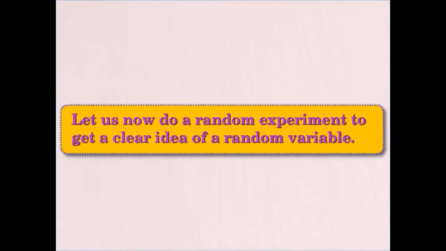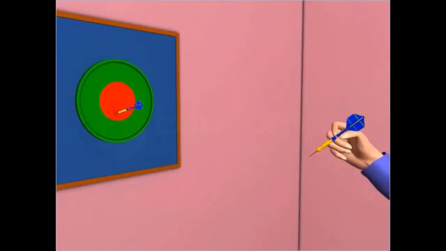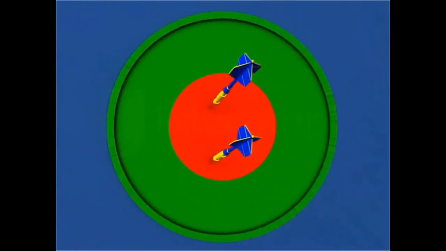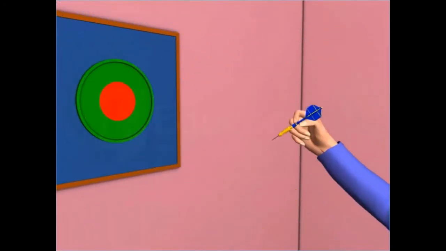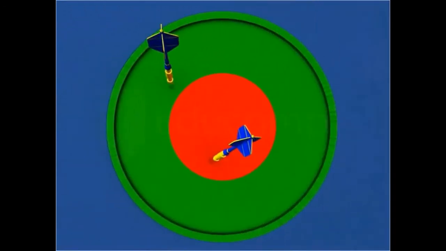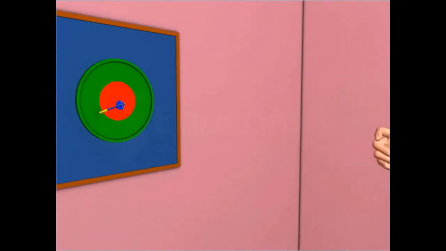Let us now do a random experiment to get a clear idea of a random variable. Suppose we throw a dart at a dartboard twice. Now the dart may hit the red area in both trials, or the red area in the first trial and the green area in the second trial, or vice versa.